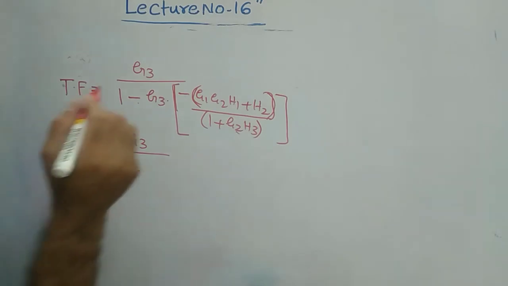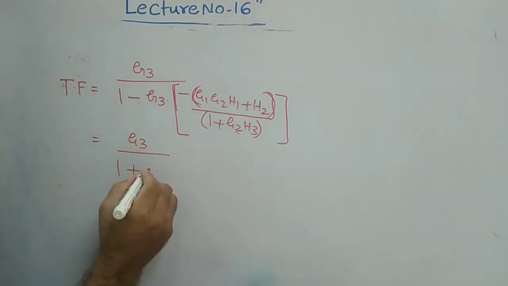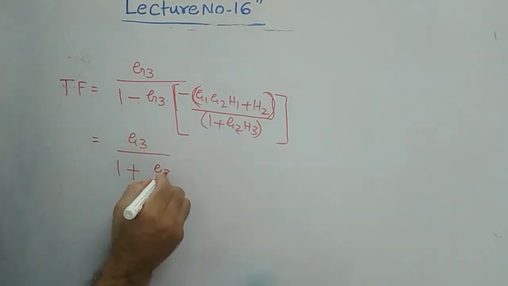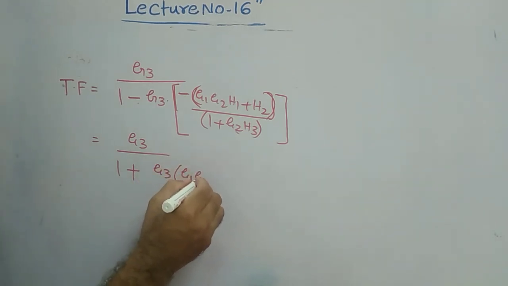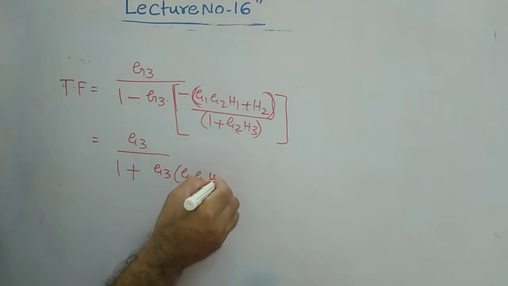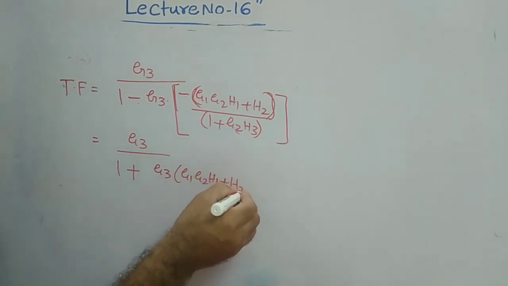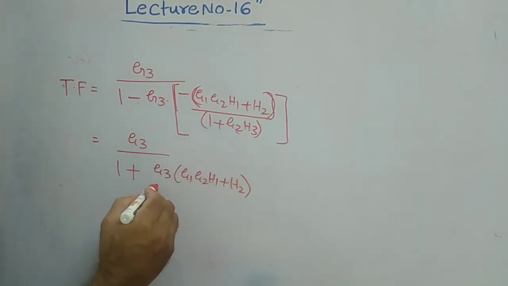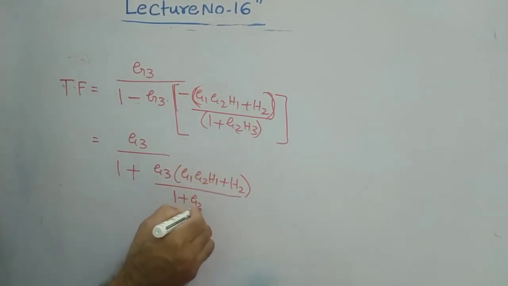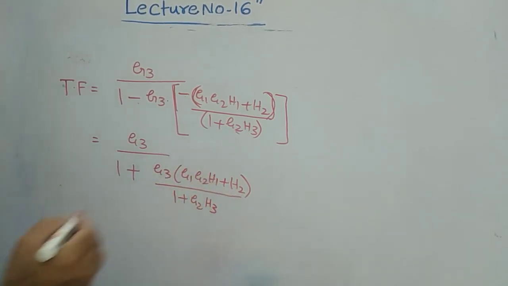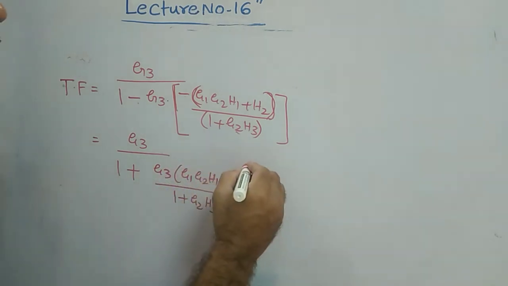It is G3 into G1, G2, H1 plus H2, which will come as a product, by 1 plus G2 H3 in the denominator.